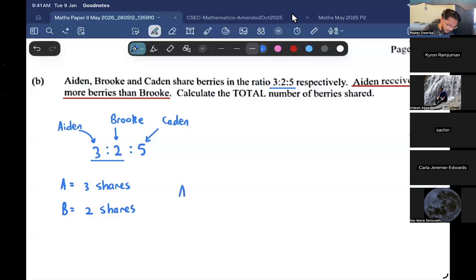Right. So Eden minus Brooke is equal to how many shares? 1 share, right? And what do you think that 1 share is equal to, according to what the question said?